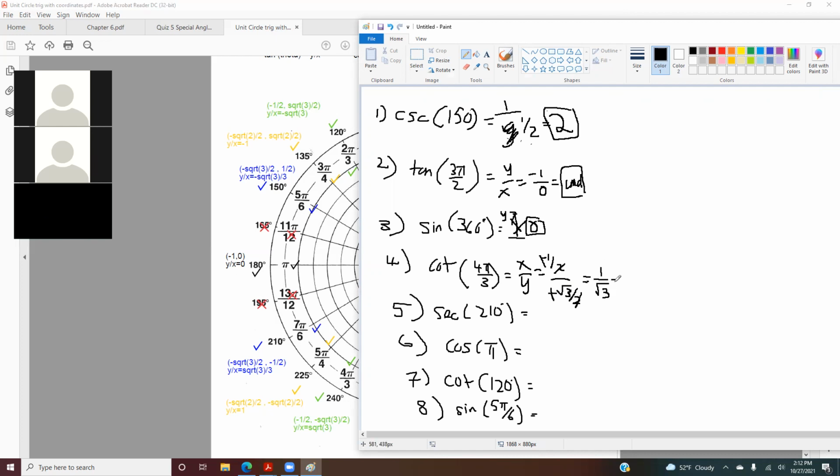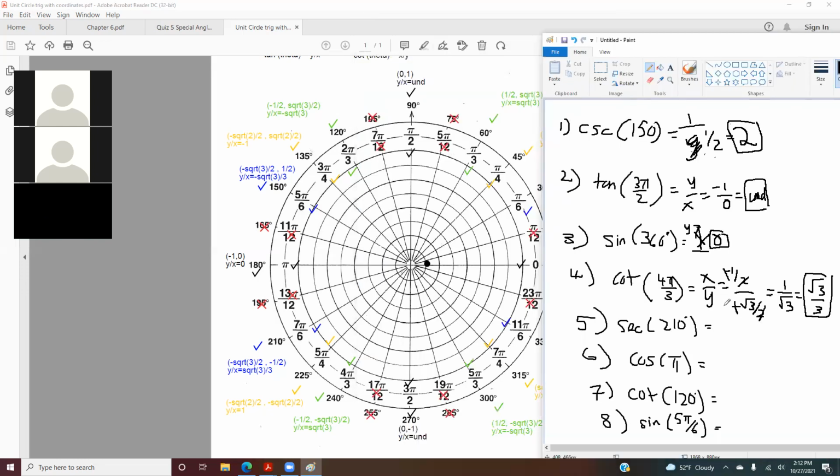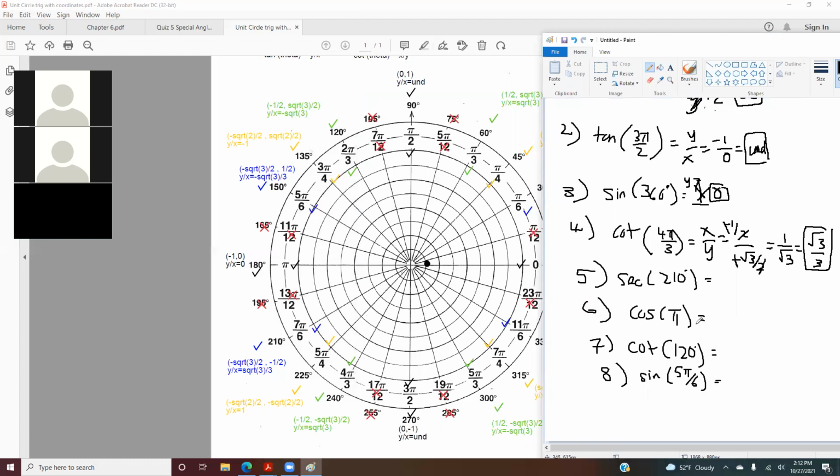And yes, you have to rationalize in your test. So what is the rationalize of this case? Square root 3 over 3. Yep. So this is your answer here. You have this one, right? So, yep. Continue.